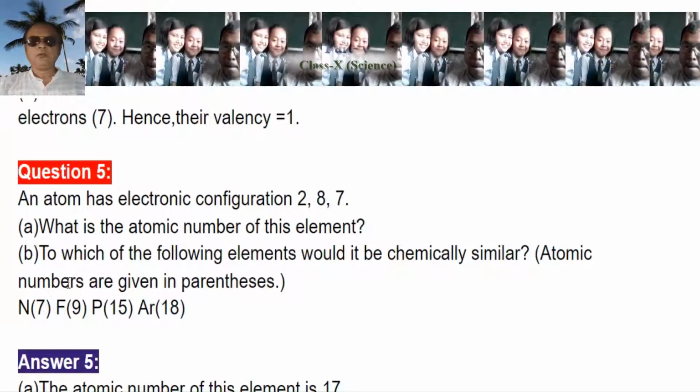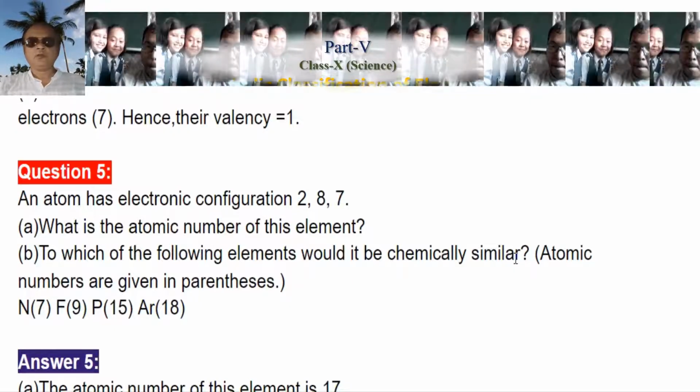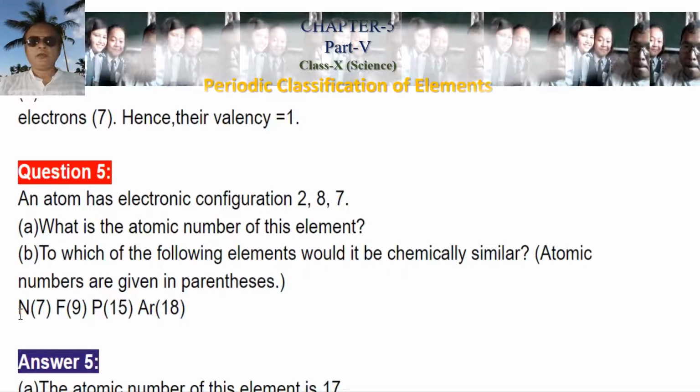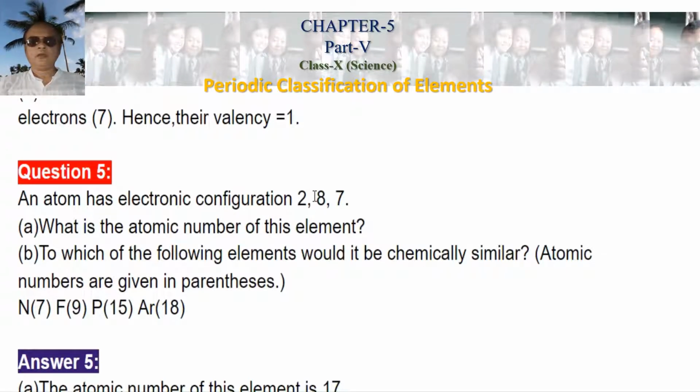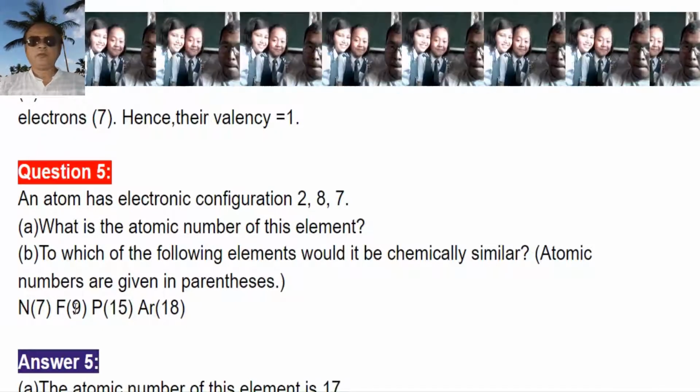To which of the following elements would it be chemically similar? The atomic numbers are given in parentheses. Nitrogen is 7. Its electronic configuration will be 2,5. So it is not similar to the given atom. Fluorine has 2,7, meaning the outermost orbit has 7 electrons.